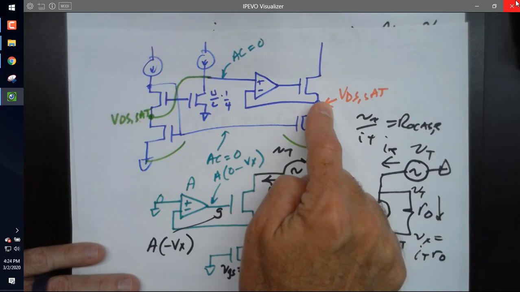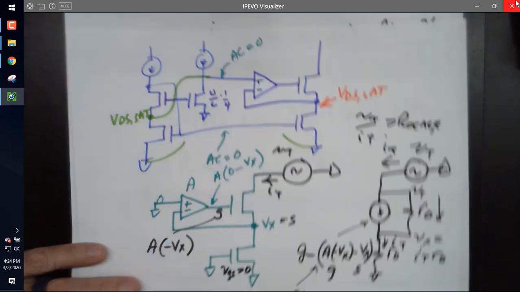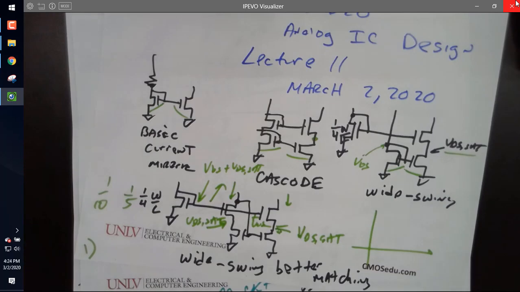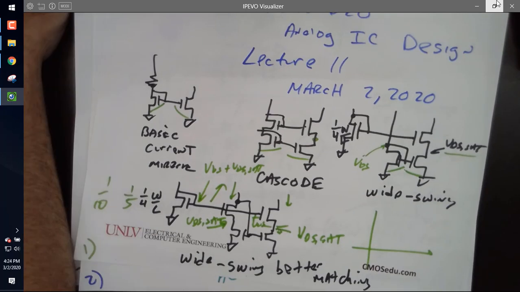All right, so I'm regulating that drain, and that increases the output resistance. So let's take a look at a simulation, and let's look at figure 2039. Oh, you know what?